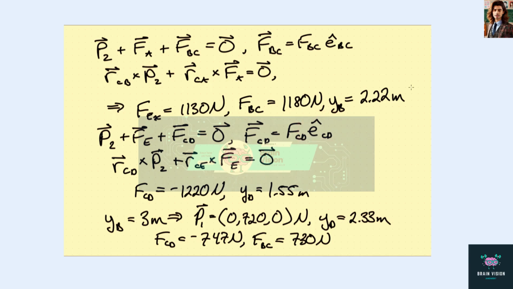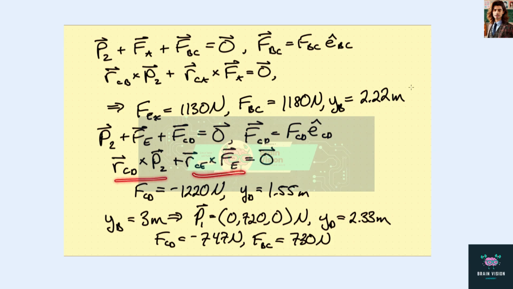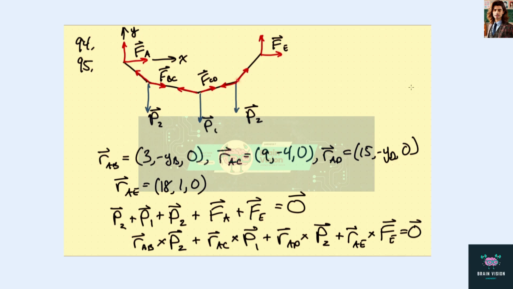And then I'm going to take moments about point C again. So now at this point we have no moment from FCD. We have a moment from this and a moment from this load. So those are these two here, and we set the sum of those to 0, and we'll get some more equations. And with those equations, we can figure out that YD is 1.55 meters, so that is this distance here.